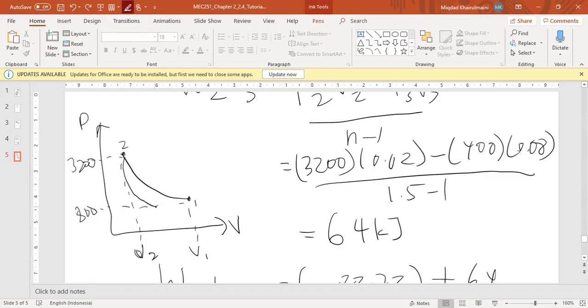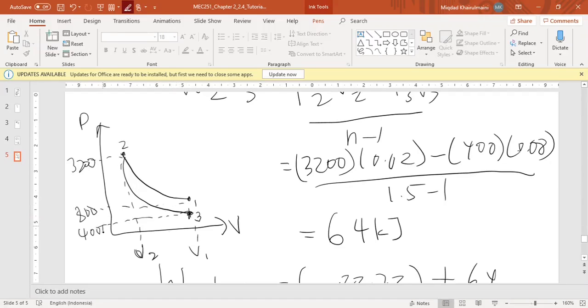Why? First, because the index number is greater than 1, so it should be on the lower part. And second is because of the pressure. P3 here is 400, lower pressure than state 1.